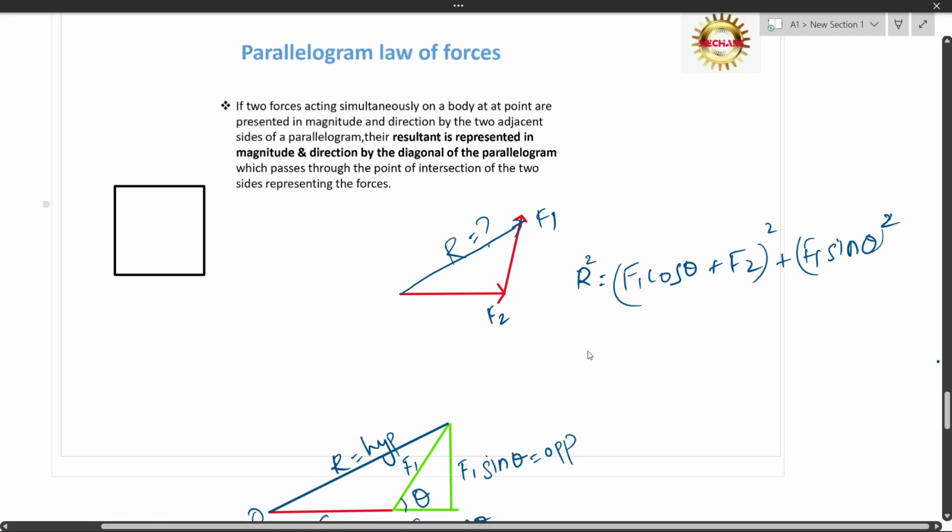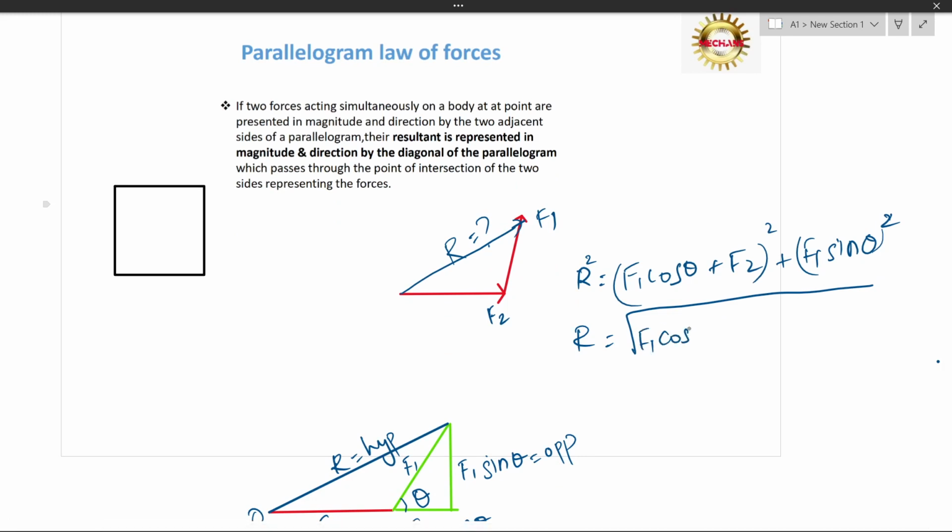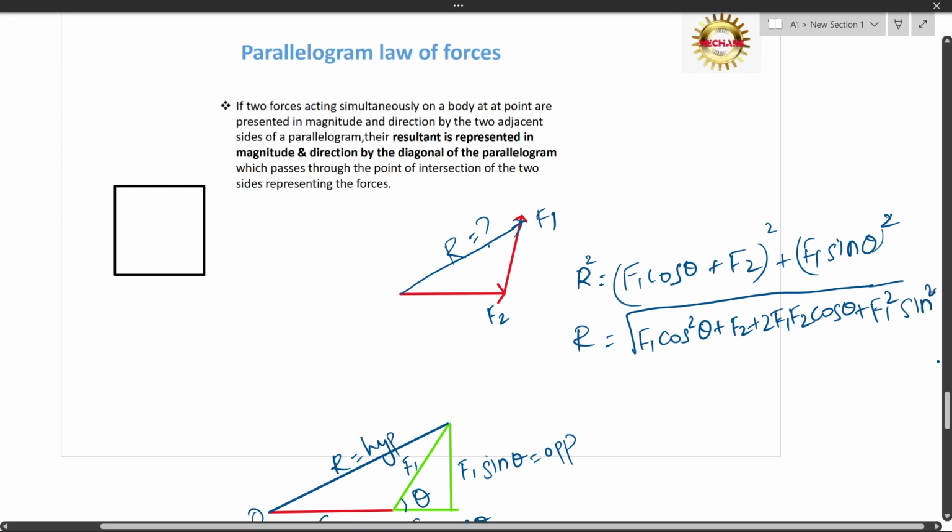If we remove the square, the other side will go under a root. Then if I expand this: F1 square cos square theta plus F2 square plus 2 F1 F2 cos theta plus F1 square sin square theta.